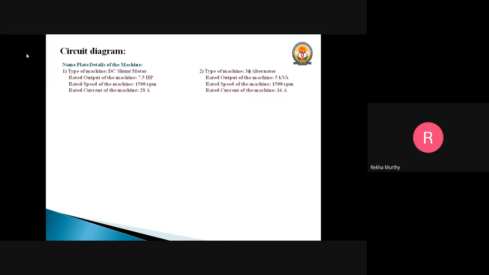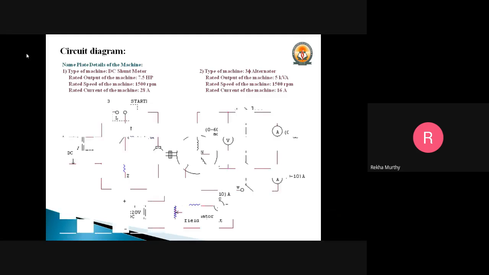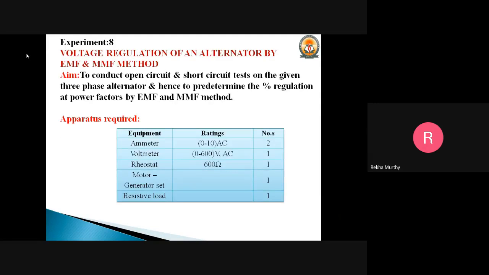One more thing, we also require the DC ammeters, which are preferably on the board itself. So these are the components we require: an ammeter of 0 to 10 amps, a voltmeter of 600 volts, a rheostat of 600 ohm, and an additional load.